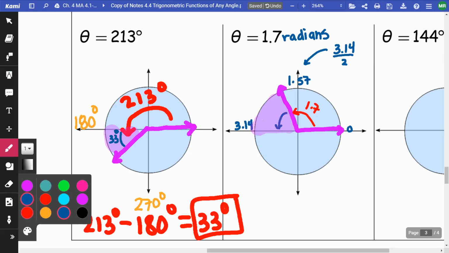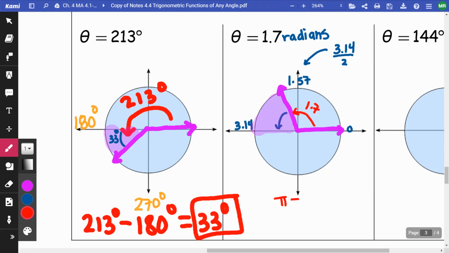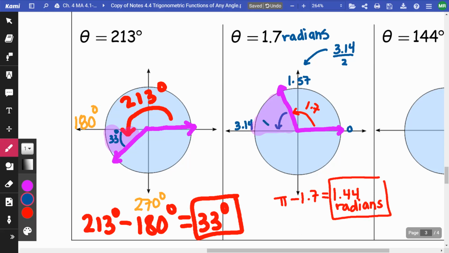So since I'm dealing with radians and I did not quite make it to pi, I'm going to go pi or 3.14 minus 1.5, not 1.57, sorry, 1.7. And I'm going to end up with 1.44 radians. And that is going to be my answer. So again, this is going to be 1.44, and that's radians.